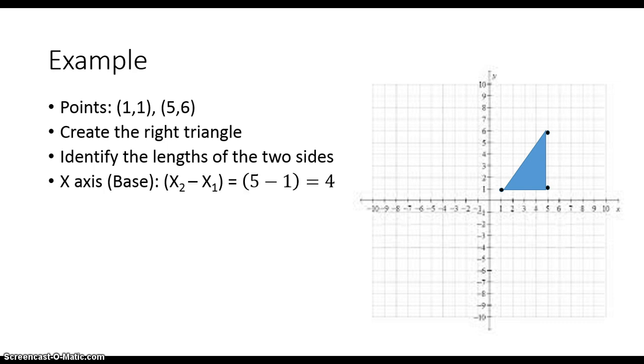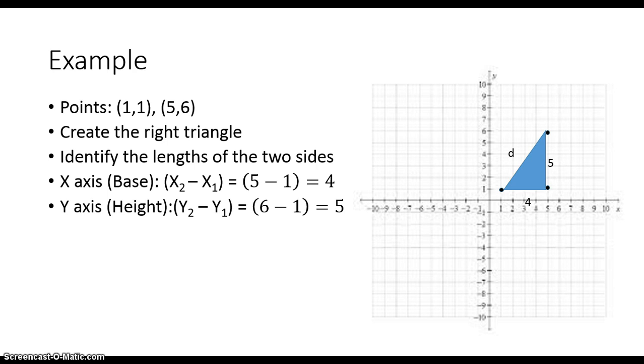So for my x-axis, as it looks in this picture, the base, I need to subtract the second x value from the first x value in the 2 points. If you look up at my first bullet point, you'll see the second x value to be 5 and the first to be 1. 5 minus 1 is 4, and so the distance of the base in this example is 4. And then the height, I do the same thing now with the y values, and I get 5.